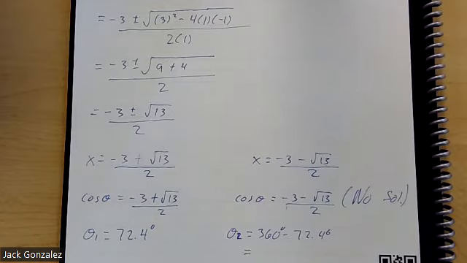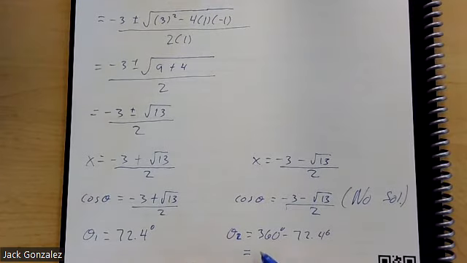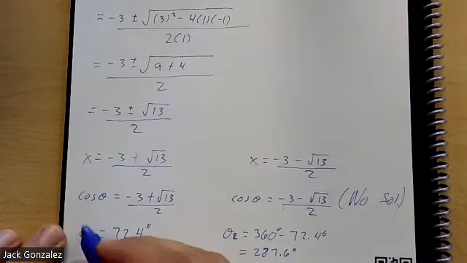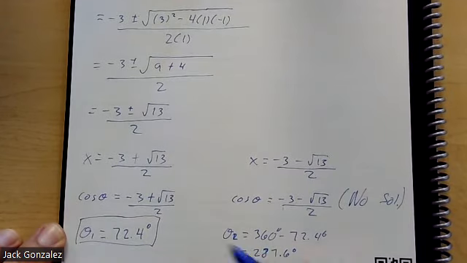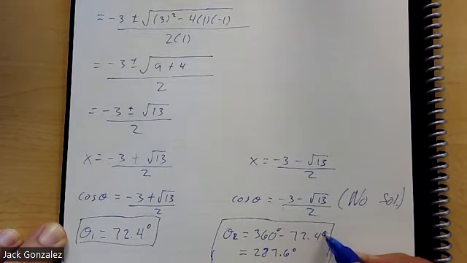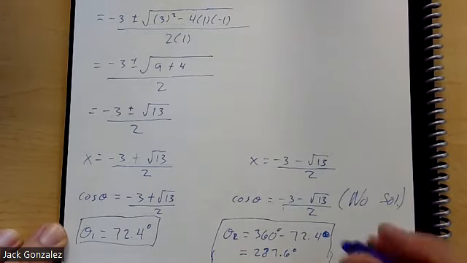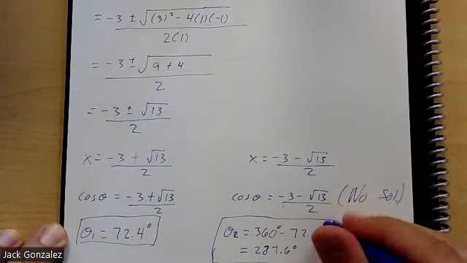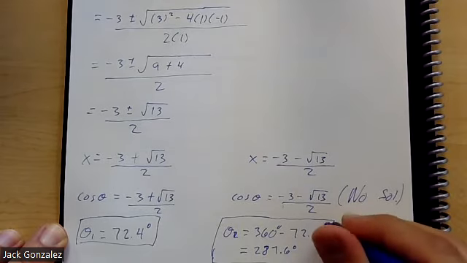The rule says if it's in quadrant 1, just subtract from 360. You'll get the second one. So that will be 287.6 degrees. Whatever. Any questions on this one?